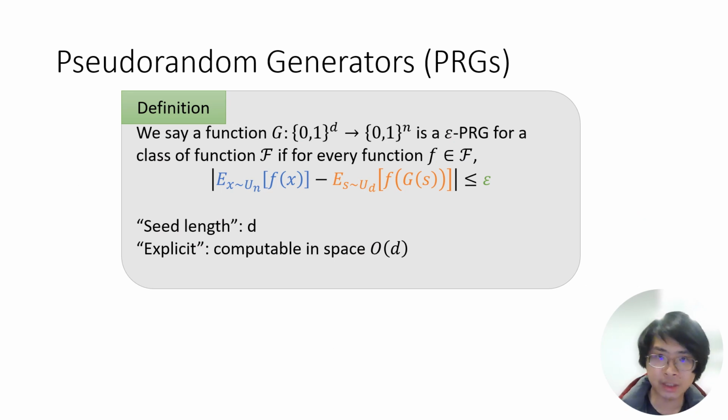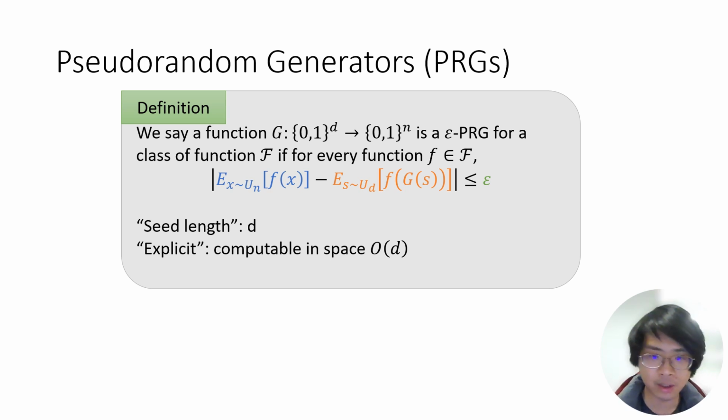The second basic definition is the pseudorandom generator, or PRG. We say a function g is an epsilon-PRG if it can take a d-bit uniform random seed and output an n-bit pseudorandom distribution that is indistinguishable by functions in the specific class F from the actual uniform distribution on n bits.